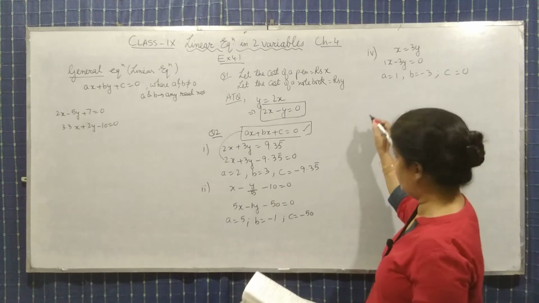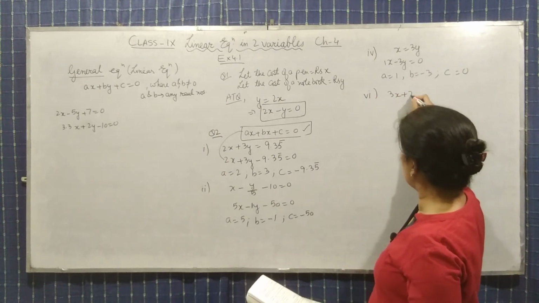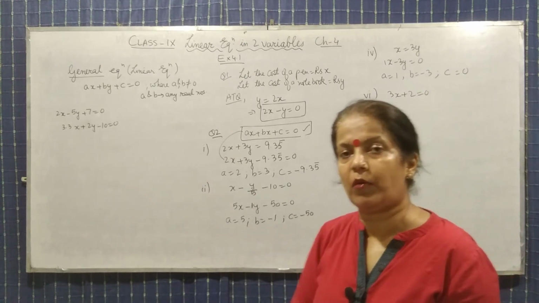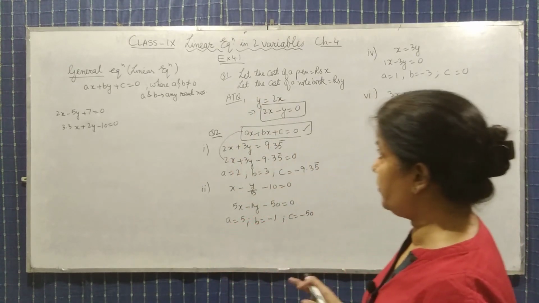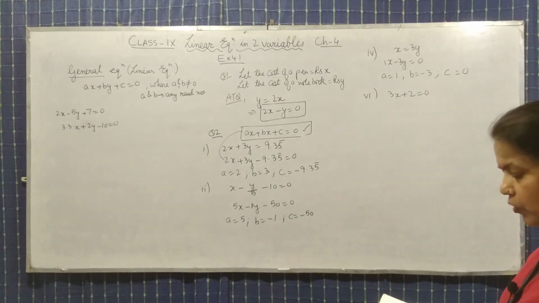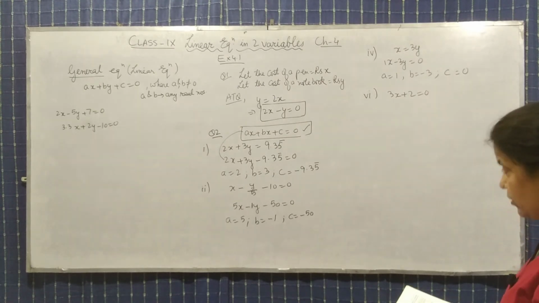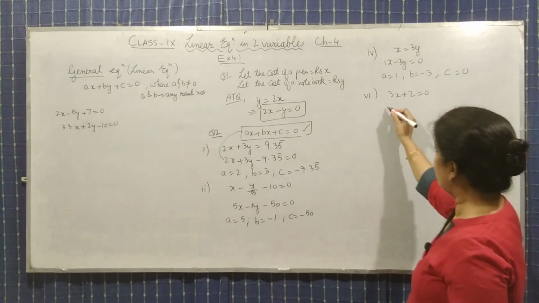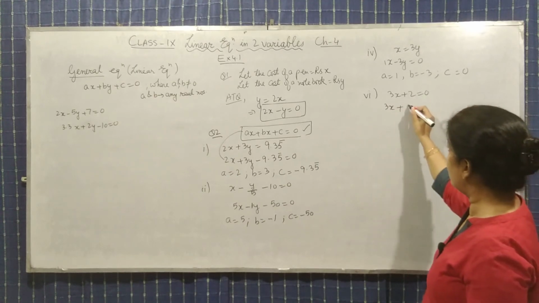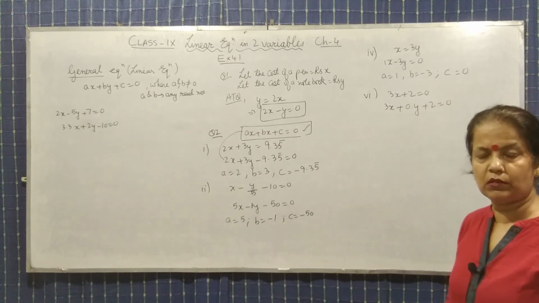Now next is the sixth part. Sixth part: 3x plus 2 equals 0. The question is to express it in linear form. How will you express it? The y variable is not there, so you can write it like this, isn't it?